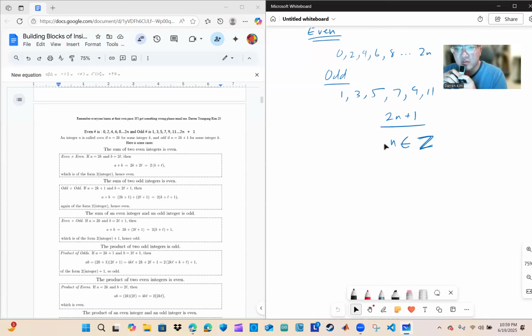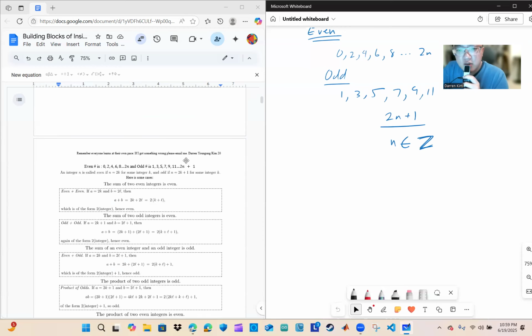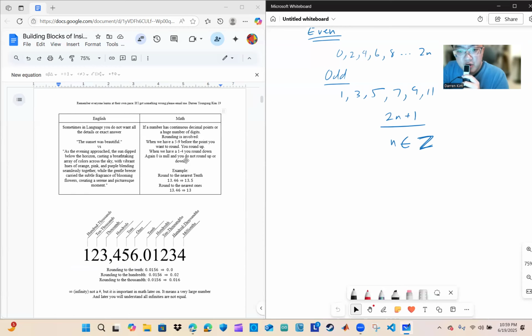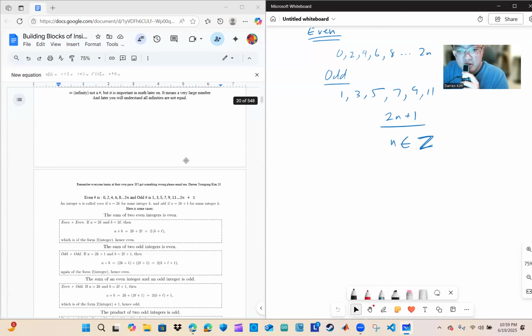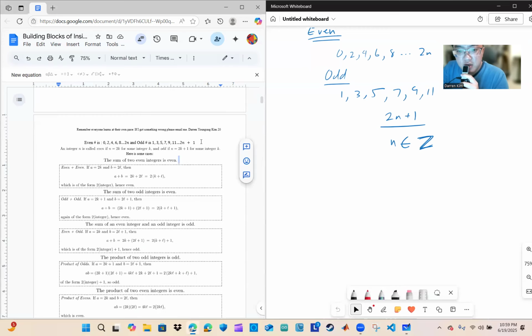Maybe I should have written that over there, but it's kind of self-explanatory. Whenever there's the n, usually it means integers, but I haven't really showcased that it means all of them.